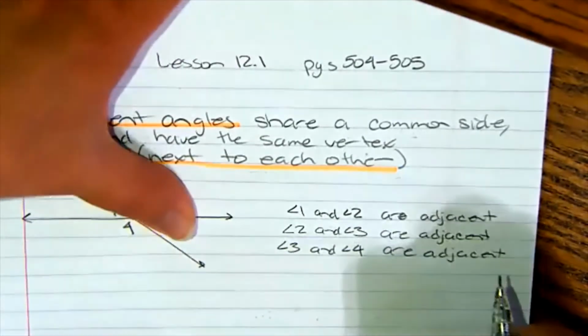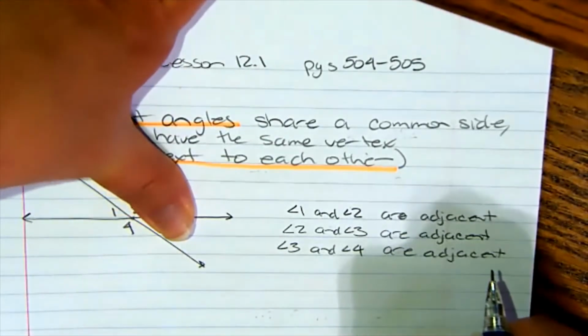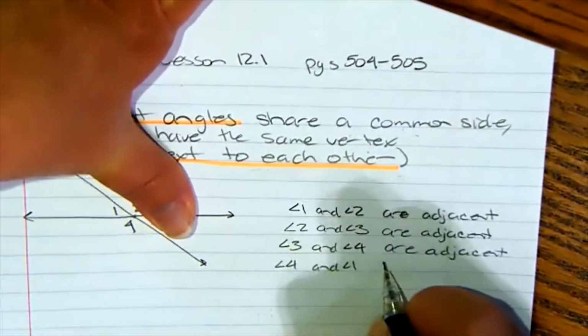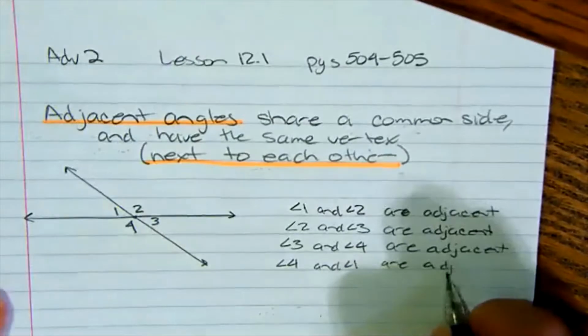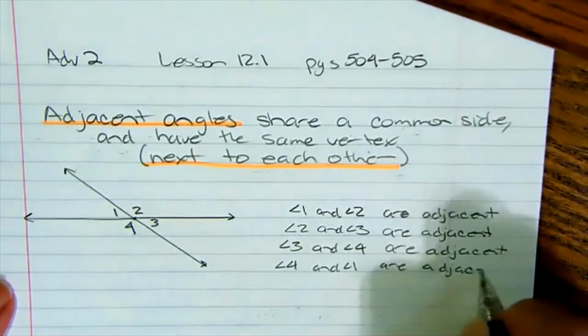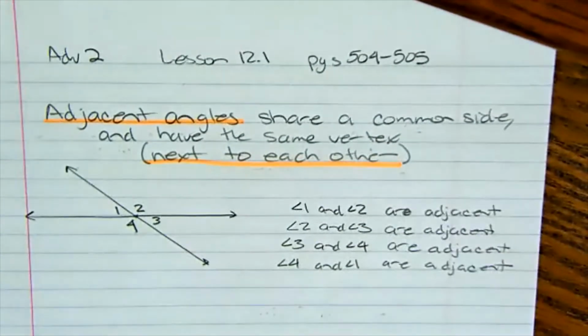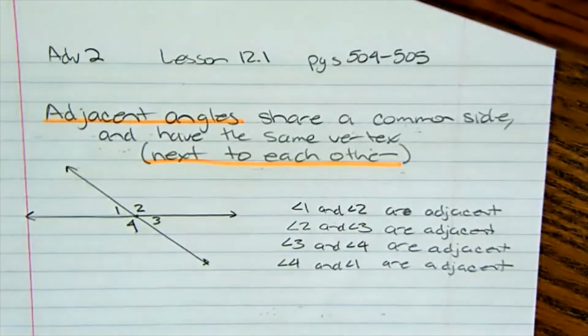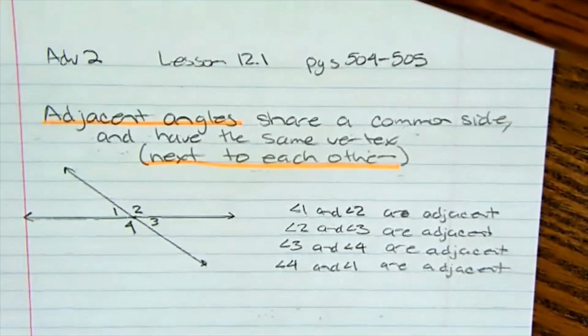And then angle 4 and angle 1 are adjacent. So adjacent angles are angles that are next to each other. That's all. It's vocabulary. Adjacent angles are angles that are next to each other.